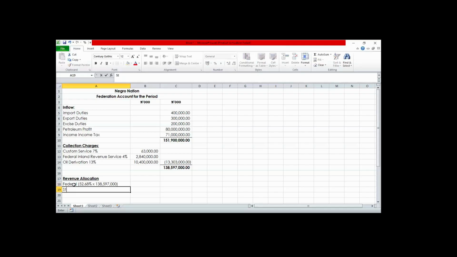Then state, 26.72% times 138,597,000. Then the last one, local government.